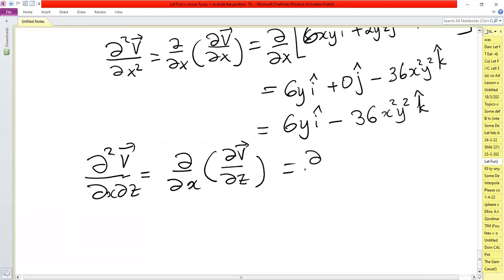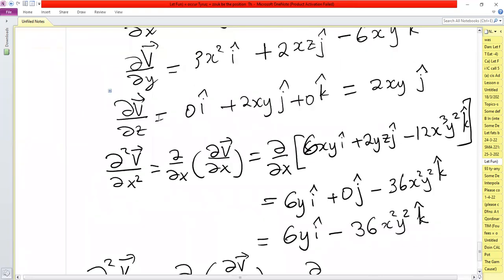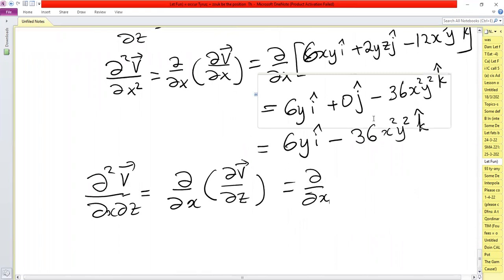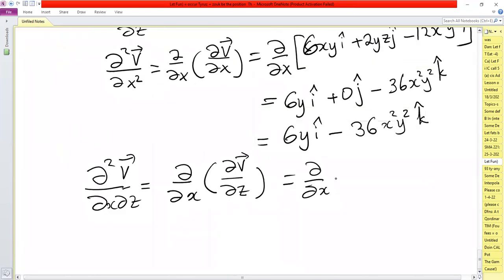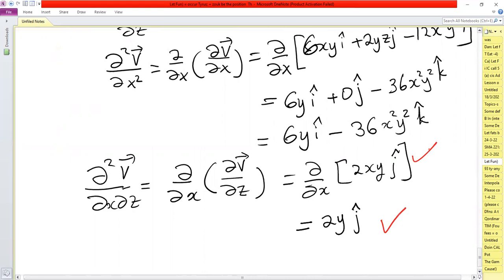From our calculation, partial v partial z is 2xy j, so it turns out to be 2y j. So these are the correct solutions to the given problem.